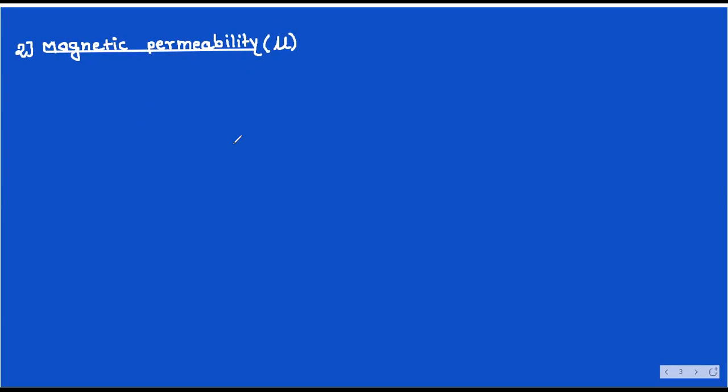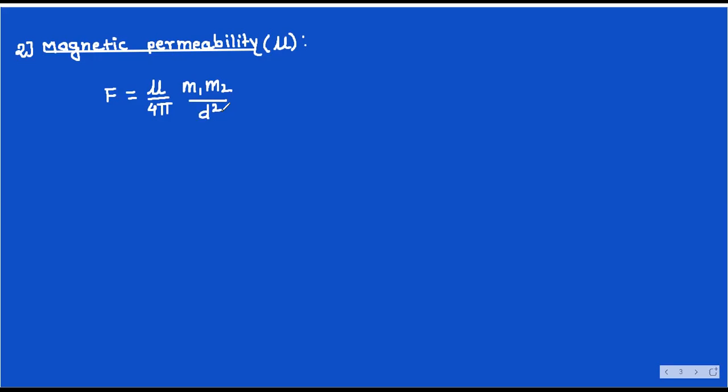Okay, so first, which formula will I use, that is the important thing for this magnetic permeability. We have one formula, that is F is equal to mu by 4 pi into m1 m2 by d square.